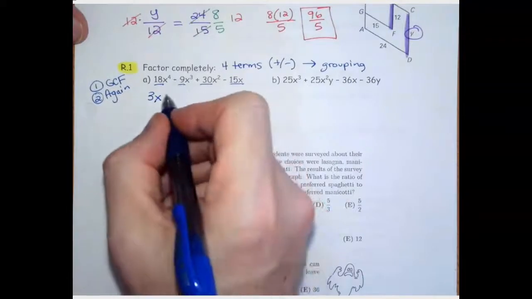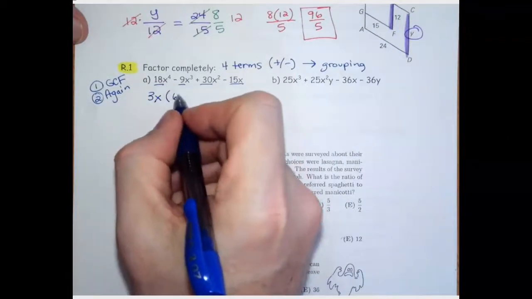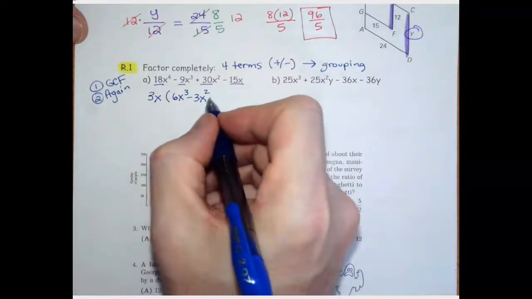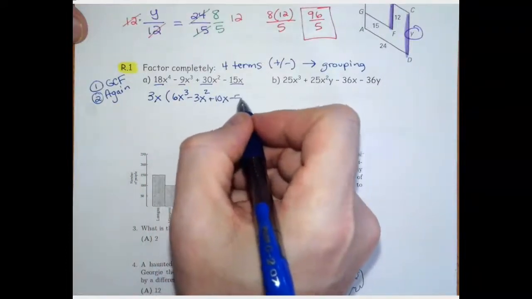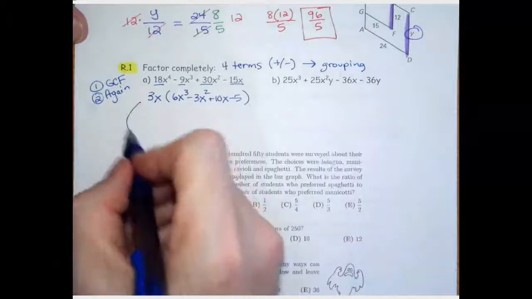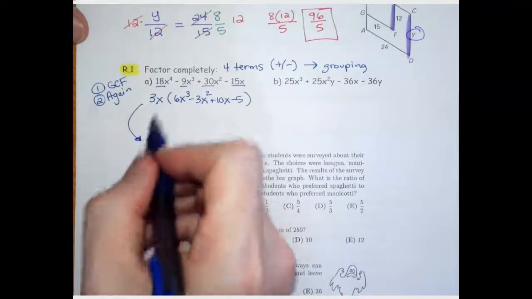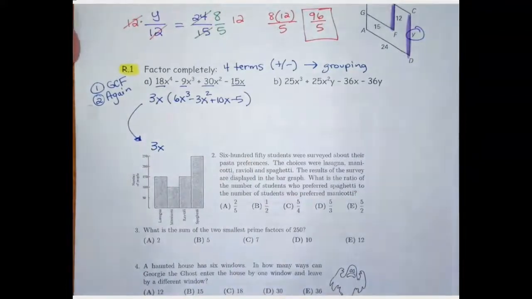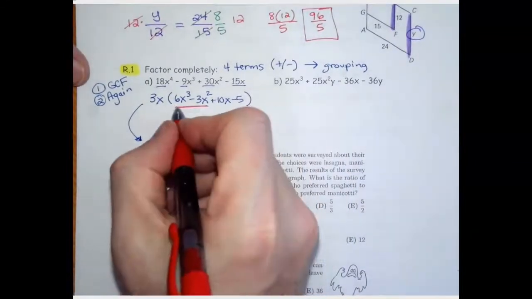And then, if we did that, we would have 6x cubed minus 3x squared plus 10x minus 5. Now, normally what I would suggest is you just bring that down and put it on the answer line down here. Now, here's where the factor by grouping comes in.